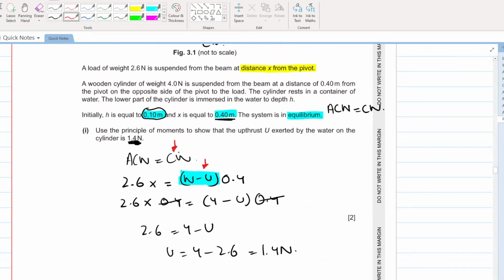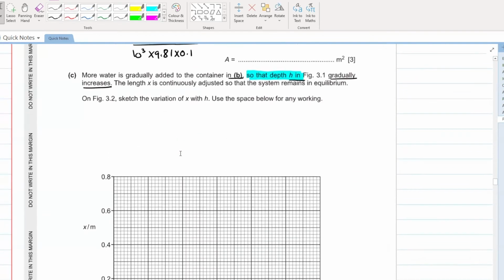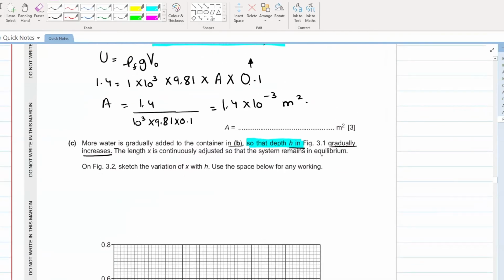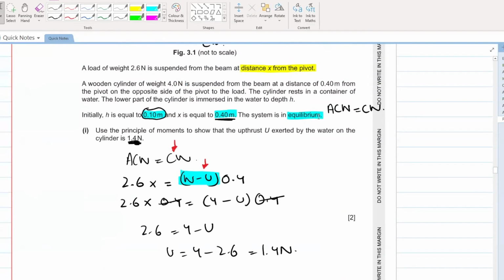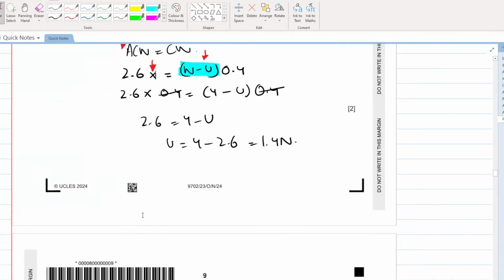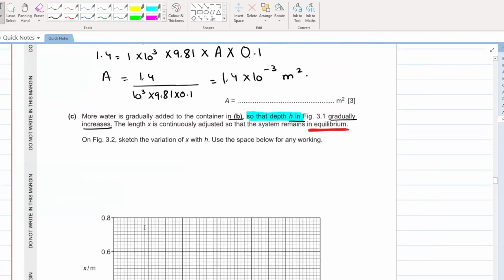To keep the system in equilibrium, you will make sure anti-clockwise moments also decrease. And if you want the anti-clockwise moments to decrease, your value of x should decrease. Simple as that. See how logically we have understood this.